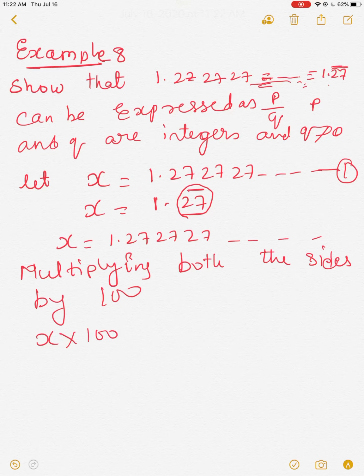LHS x multiplied by 100, RHS 1.272727... multiplied by 100.